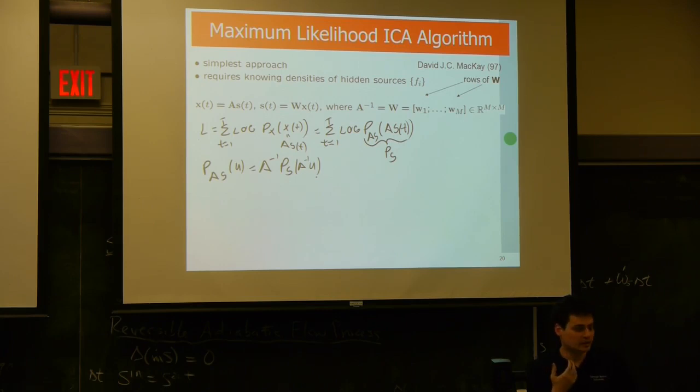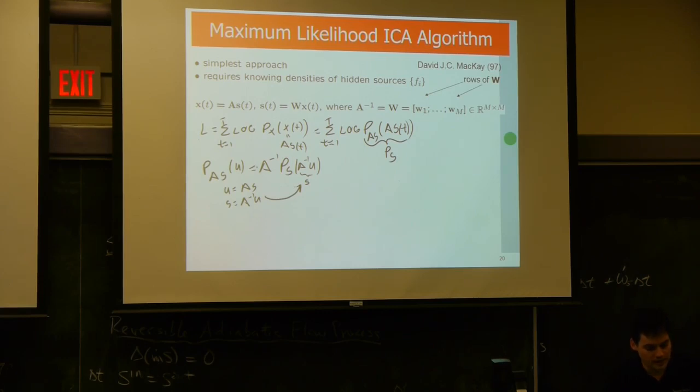So it's just integral transformation. Okay, so let's see just very quickly. Why did I write A inverse U here? So U equals A times S. From that, S equals A inverse U. That's why I wrote that here.